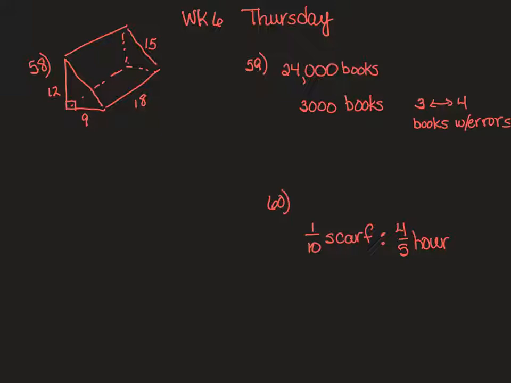58 is about volume, and I'm going to give a brief overview because in this problem they have mixed together volume of triangular prisms and rectangular prisms. So you're going to really need both formulas.